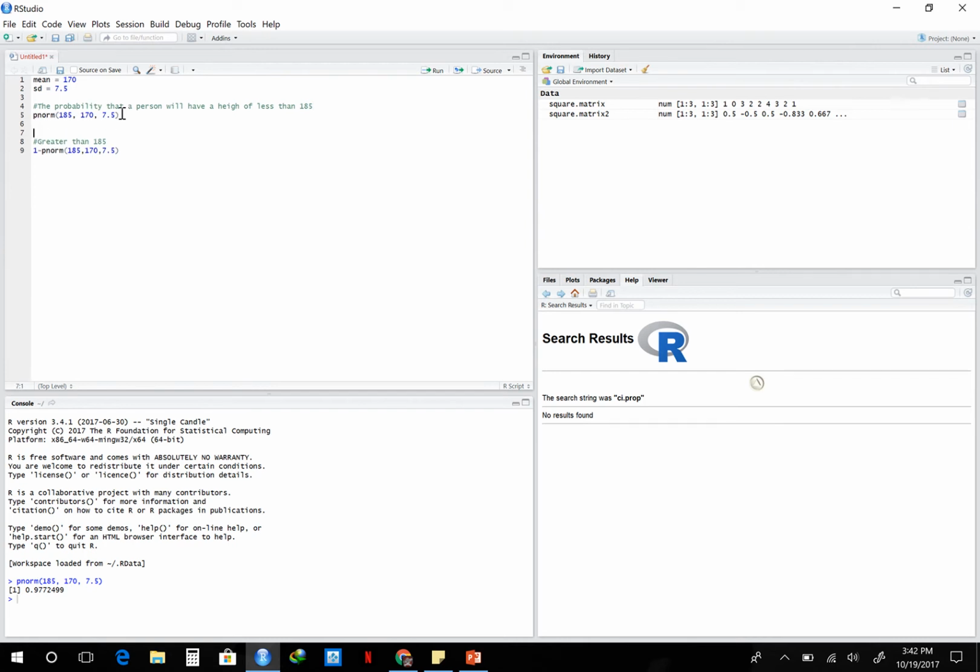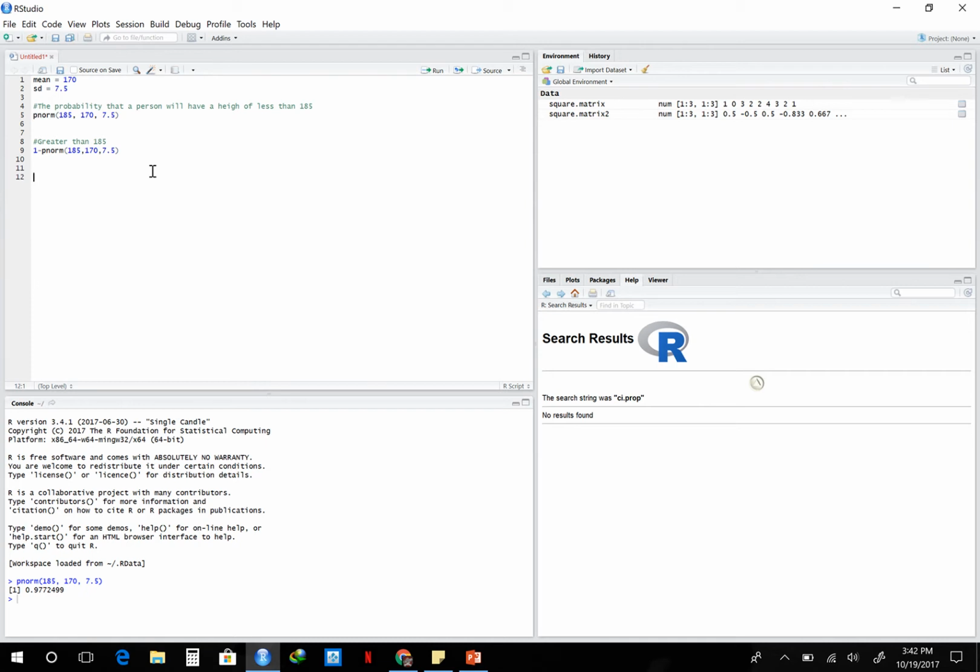Also, there might be questions like, what's the probability that they'll be between two values? For instance, what's the probability that someone will have a height between 175 and 185?